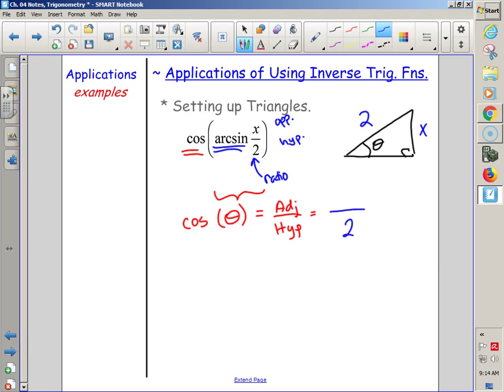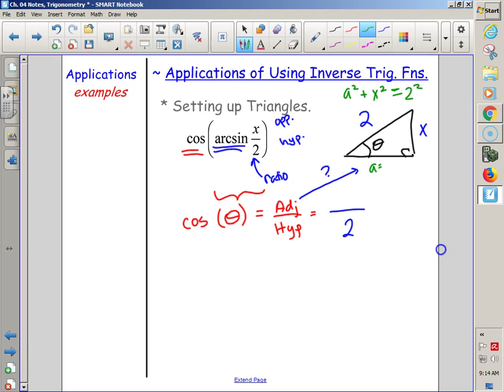But what's the problem? I don't know the adjacent. There is no number. They didn't tell me the number of that side. Okay, fine. What's the formula? Oh, hey, guys, don't we have something called the Pythagorean theorem? And doesn't the Pythagorean theorem say I can solve for an unknown if you just give me the other sides?